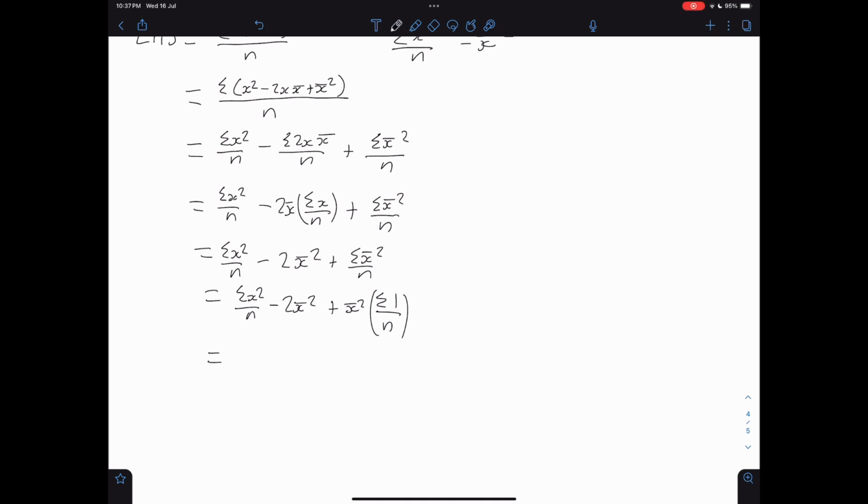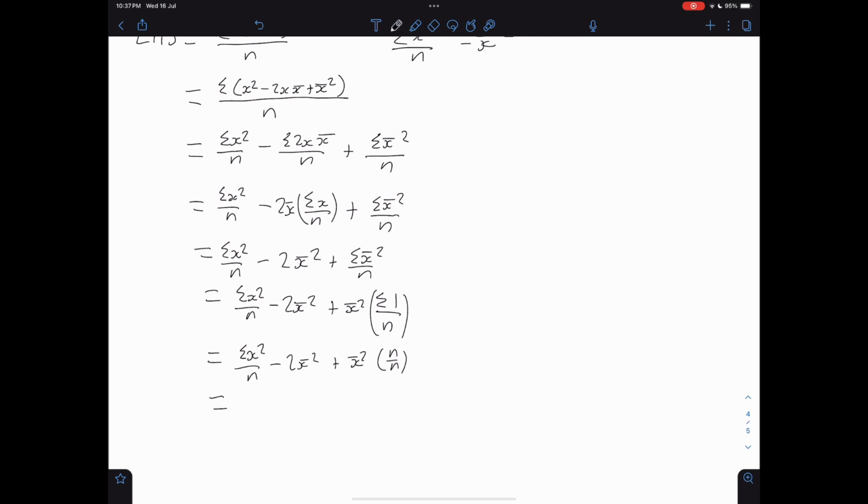The sum of 1 over n is telling us to add up 1 for every data value we have, then divide it by n. And how many data values do we have? n, right? So this is just going to end up being n over n, which is 1.